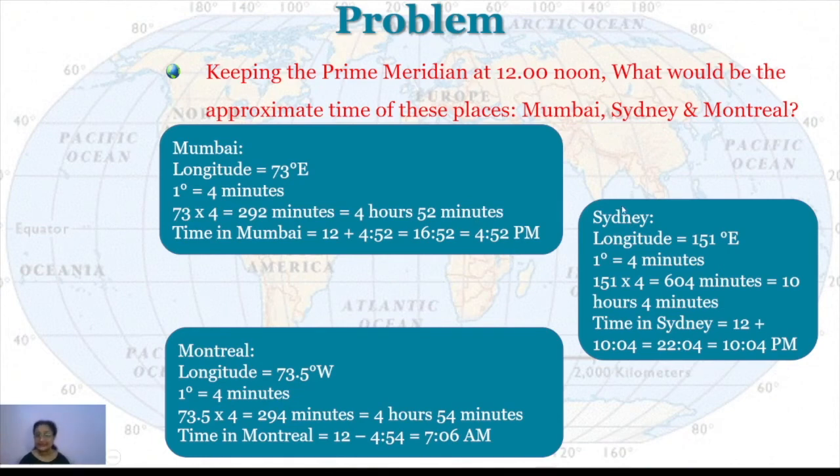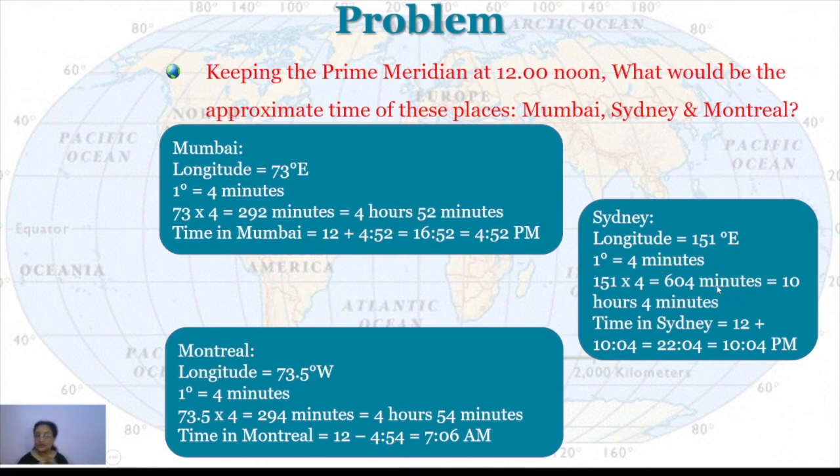Number 2 is Sydney. Now let's talk about Sydney. Its longitude has been given as 151 degrees east. Again towards east we are moving. The method is the same. 1 degree makes a difference of 4 minutes. 151 degrees will make a difference of 151 into 4. That will give you 604 minutes.